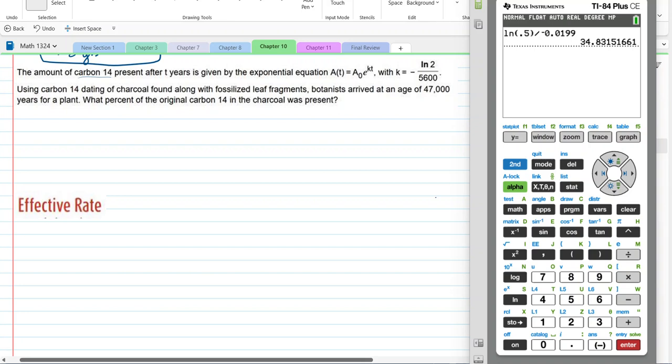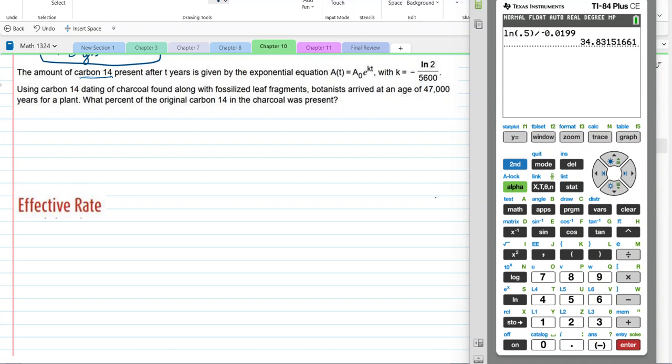In your homework, you're not going to have a litany of questions. I just want a small exposure should you go into more science where decay is important. So the amount of carbon-14, that's the most famous, present after t years is given by the exponential equation A of t equals A sub O e to the kt, with k equal to negative ln 2 divided by 5,600.